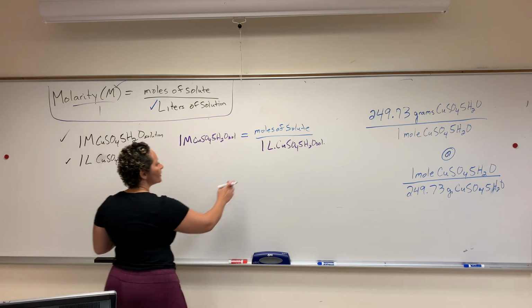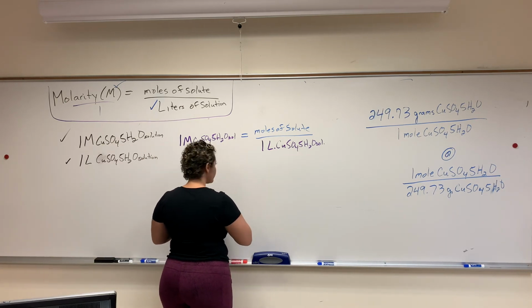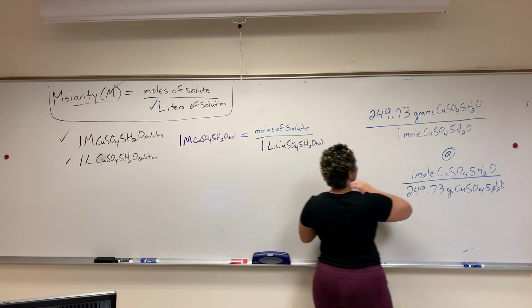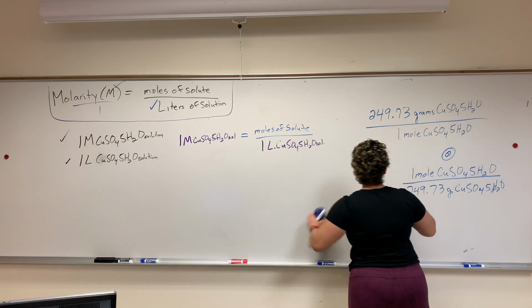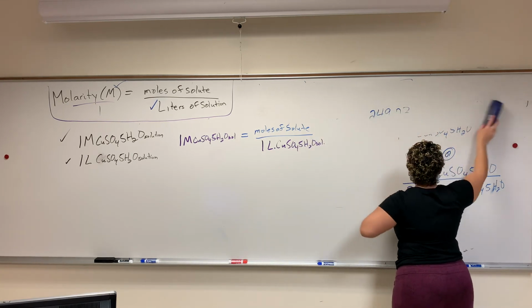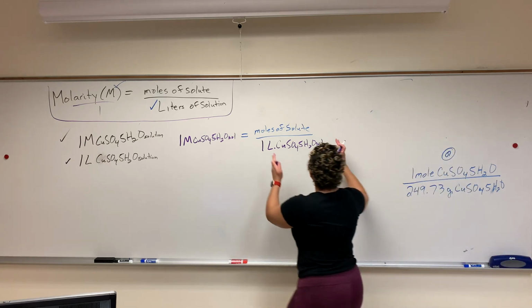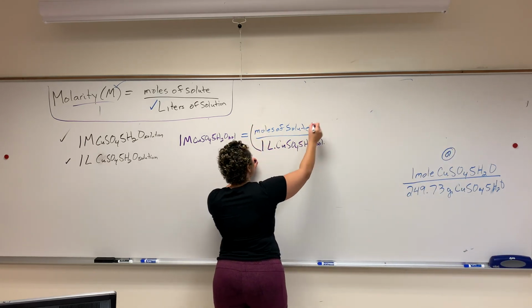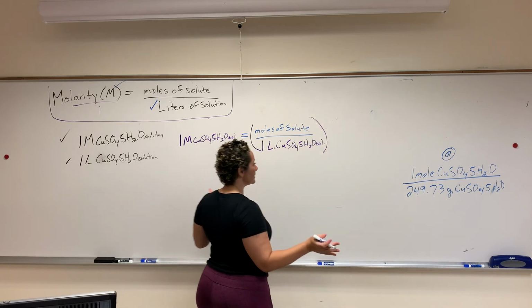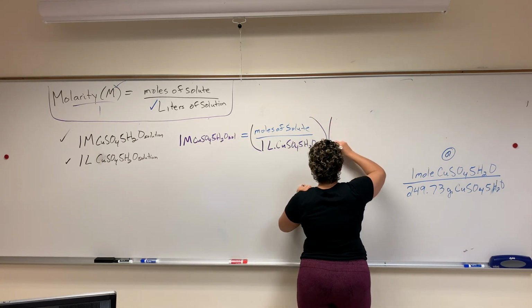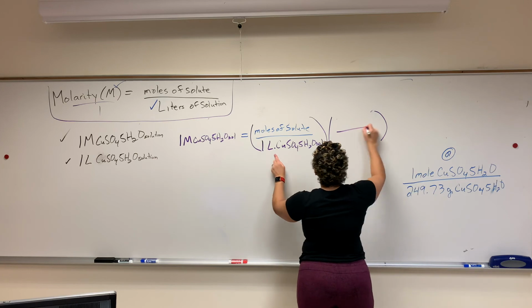Alrighty, so I'm gonna get rid of this. I'm gonna times it by that. I need to erase one of these. I'm gonna erase the one on the top because I need that room. Okay? So I wanna get rid of the one on the bottom. So I'm going to times it by that. If you cross multiply, that's fine. However you want to do it. Okay?